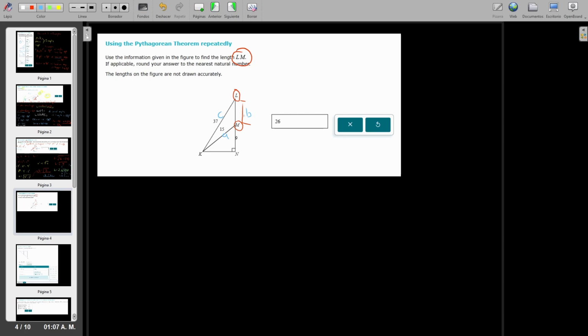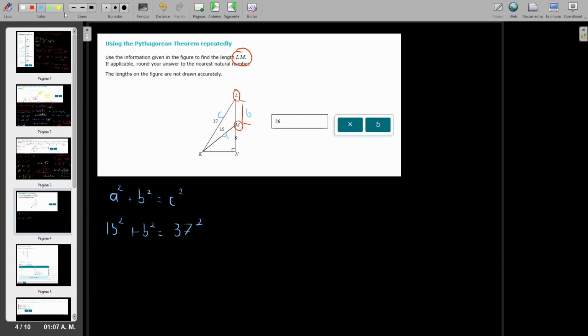We can actually do this without these ones. Why? Because they are already giving us A, C, and B. We have A squared plus B squared is going to be equal to C squared. A squared is going to be 15 squared. B is going to be B squared, of course. And C squared is going to be 37 squared.